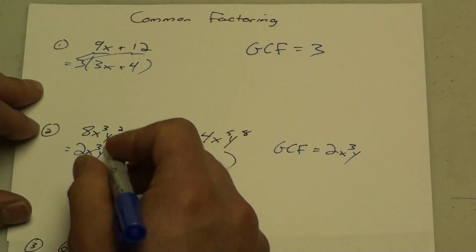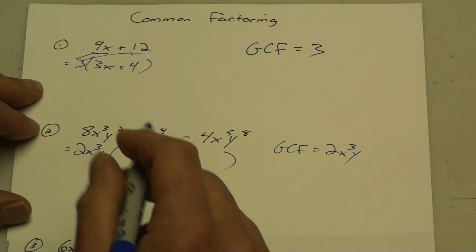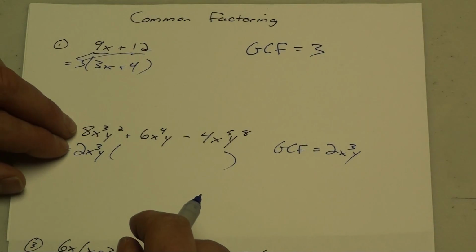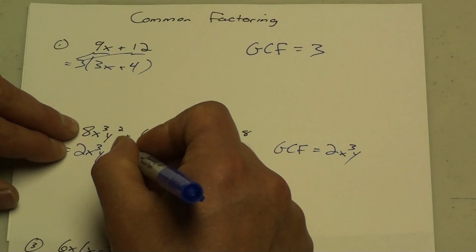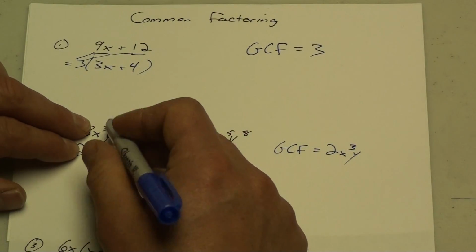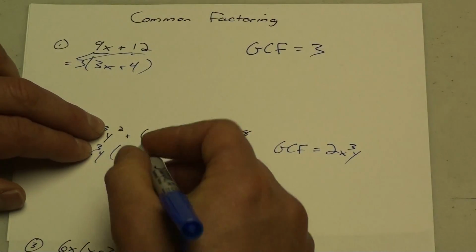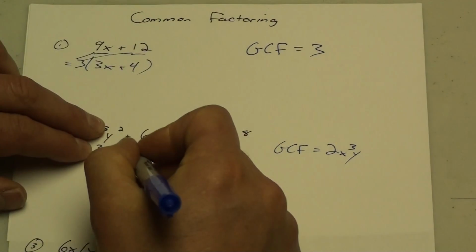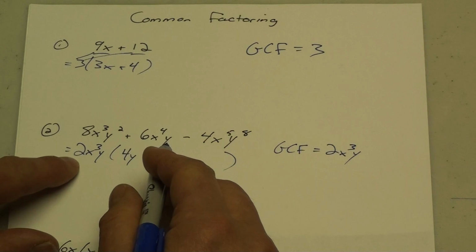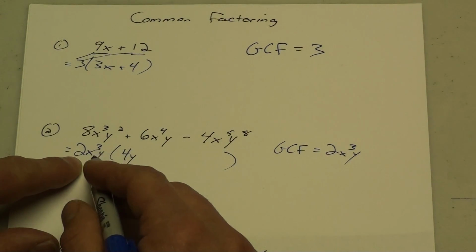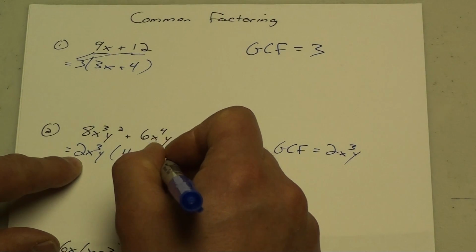And then brackets, because I've got to divide all three things by that greatest common factor. And when I'm dividing, I subtract my exponents. So I'm going to have 4. Then x cubed divided by x cubed, I have no x cubes left. y squared divided by y is just y, 1 y left. Then I'm going to go 6x^4y divided by my greatest common factor. So I'm going to have plus 3.